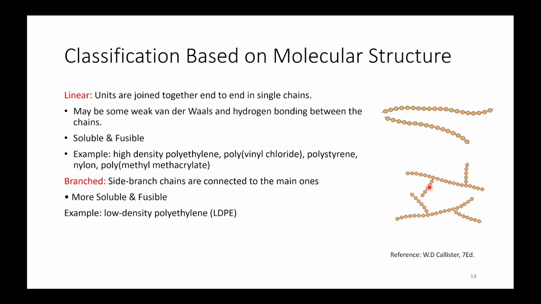This structure will be open compared to the linear one, because in linear chains can be easily aligned and fill space with high density and high efficiency. Compared to this, it will be an open structure. So this is low density polyethylene, and high density will be in the case of linear structure.